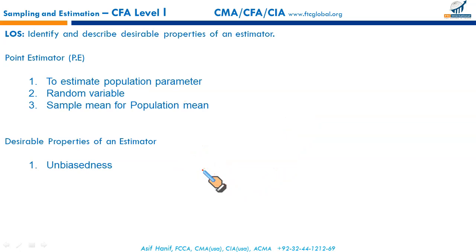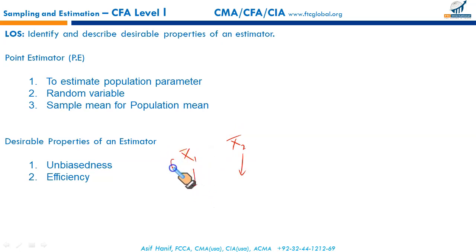All right. Next desirable property is efficiency. A point estimator should have more efficiency. What does the word efficiency mean here? Let's say if we have two unbiased point estimators, we would prefer the one with small variance, right?